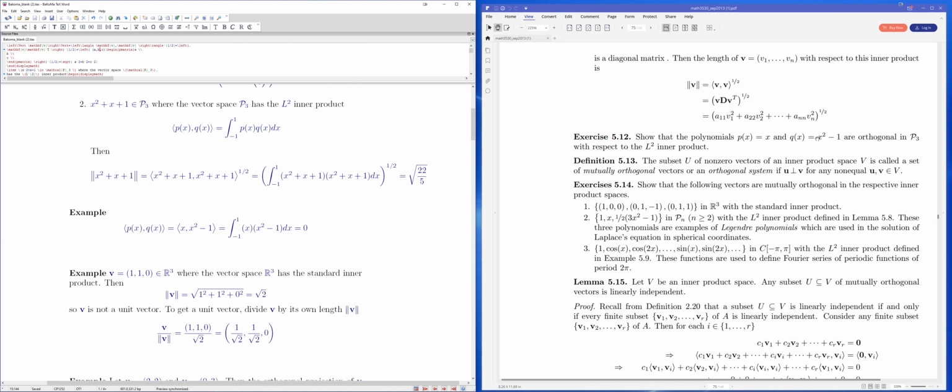I have these two polynomials here that are in P3, and I want to show that these are orthogonal, the polynomial x and the polynomial x squared minus 1. These are orthogonal with respect to the L2 inner product. Remember, this is how you define the L2 inner product for P3: you multiply the polynomials together and you integrate between 1 and minus 1.